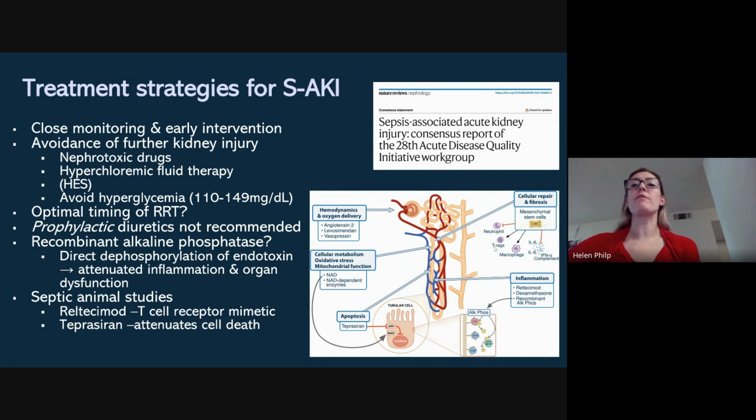And just a couple of other drugs that have been proposed that often perform well in experimental studies or early trials, and then often don't translate quite as well to the larger clinical trials, but just some possibilities for whether we target apoptosis or inflammation or mitochondria, or hemodynamics, so different sort of drug classes that could be promising.